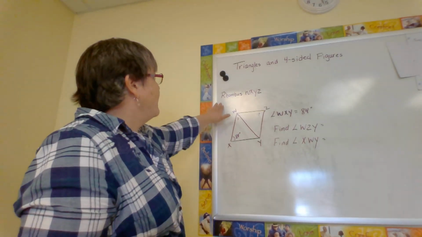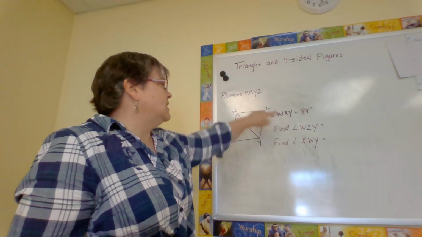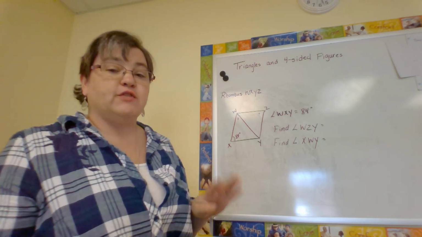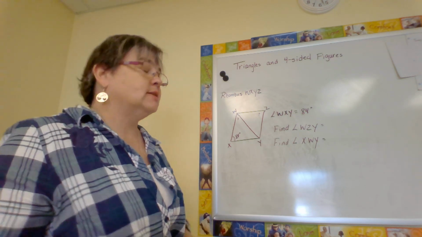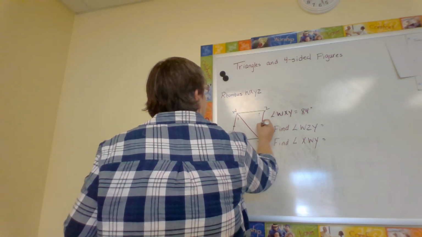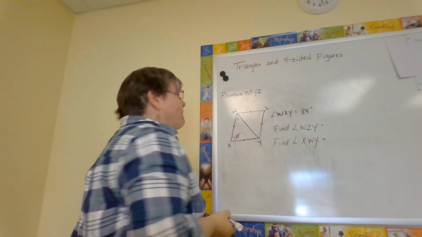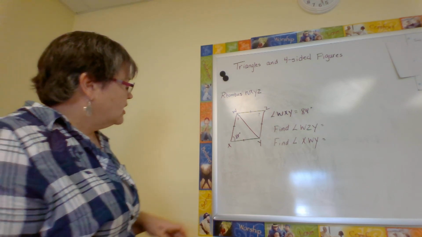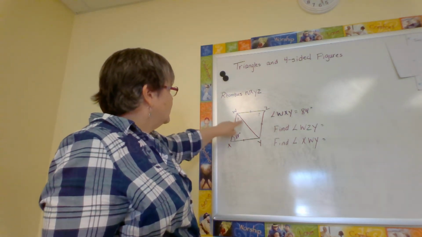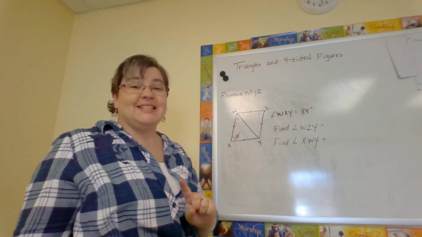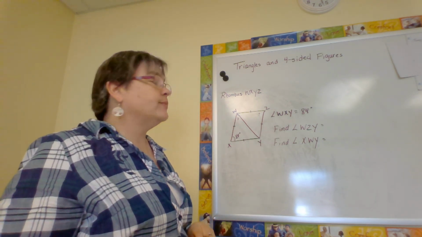All right, here we have rhombus WXYZ. We know that a rhombus has 4 equal sides. So we know that all the sides here are the same. If all the sides here are the same, we know that this triangle and this triangle are isosceles triangles.